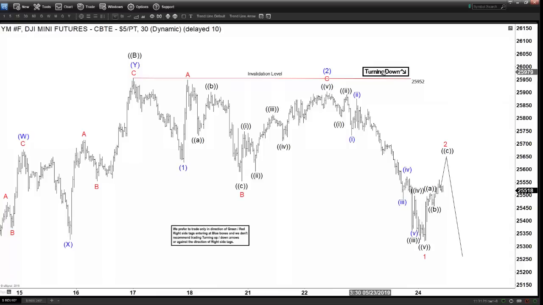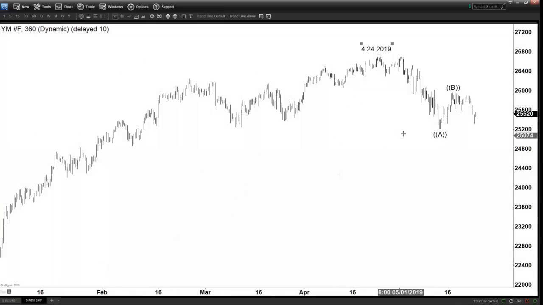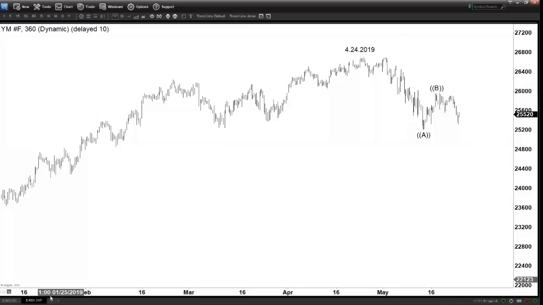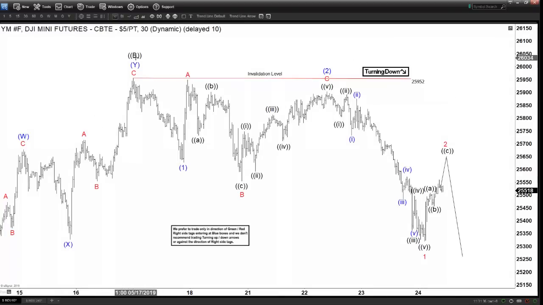Now you can see right here, as of now, the stem still remains black. The reason for that, if you look at the larger time frame, and I will zoom out to the 4-hour chart, this is the P here, which is the P that you see in the 1-hour chart, 30-minute chart. Now if this is the P, like I said, it has to be some sort of ABC, right?